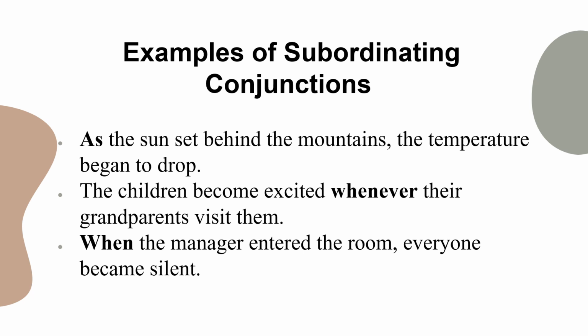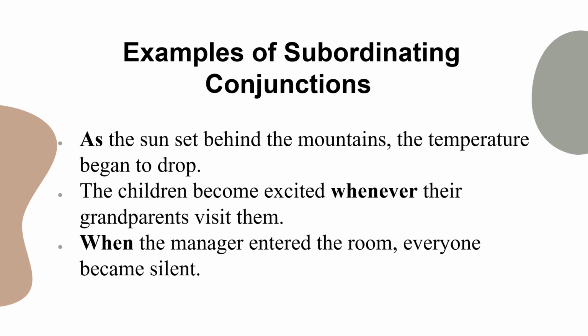Now, some examples of subordinating conjunctions have been provided in the form of sentences. Number 1. "As the sun set behind the mountains, the temperature began to drop." Here, two different independent clauses have been joined by as.